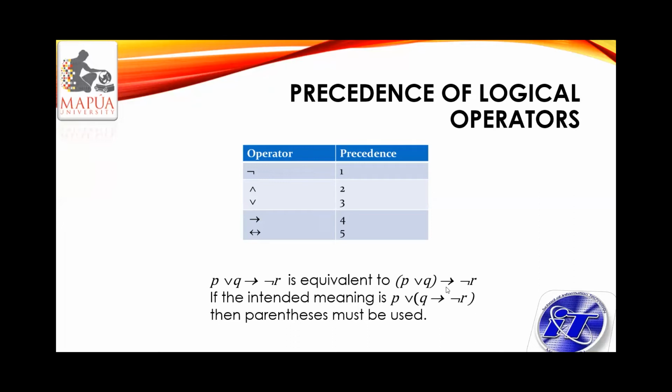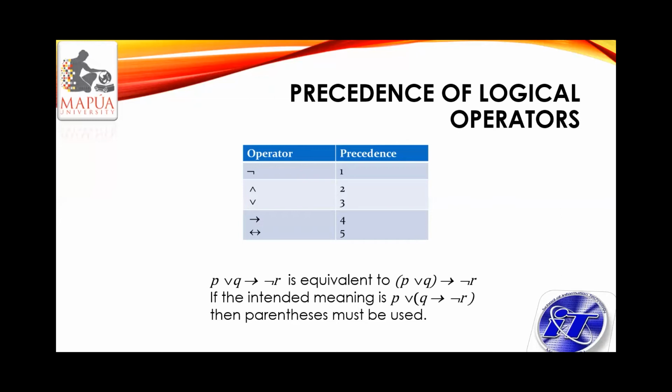But if our intention is to evaluate first the Q implies not R, we need to include parentheses. Parentheses is the highest on our ranking. It is a predefined grouping. Again, if we are going to change the order, the hierarchy or the precedence, use parentheses.